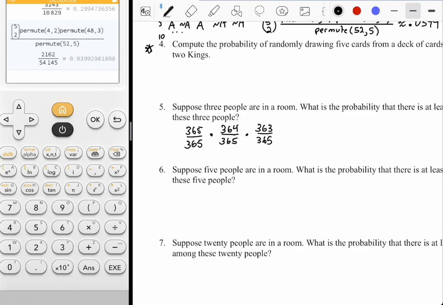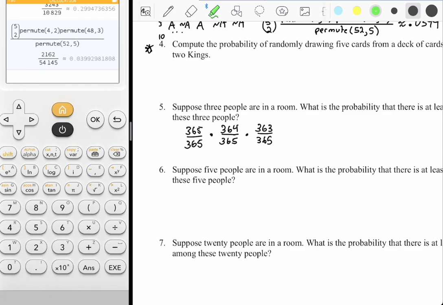So on the top, and this is the value of the permutation, because you can see the next problem is going to have 5 people, and the problem after that is going to have 20 people. Now, you intuitively would know that the probability of having a matching birthday is going to improve the more people you have in the room, right? But in what way, and how could we figure it out?